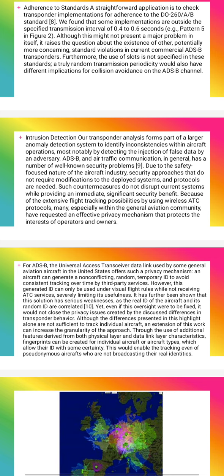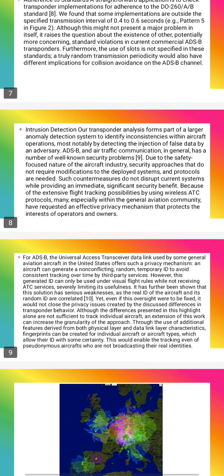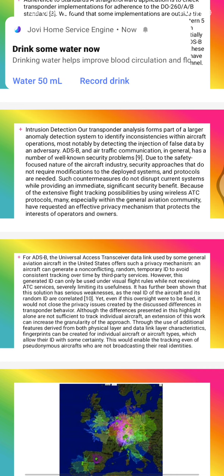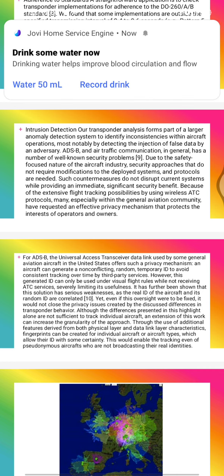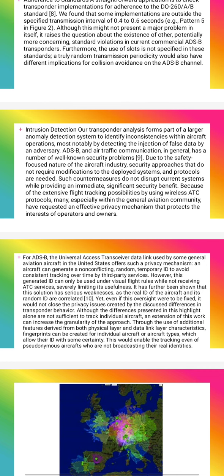However, this temporary ID can only be used under visual flight rules while not receiving ATC services, severely limiting its use. It has further been shown that the solution has serious weaknesses. The real ID of the aircraft and its random ID can be correlated.